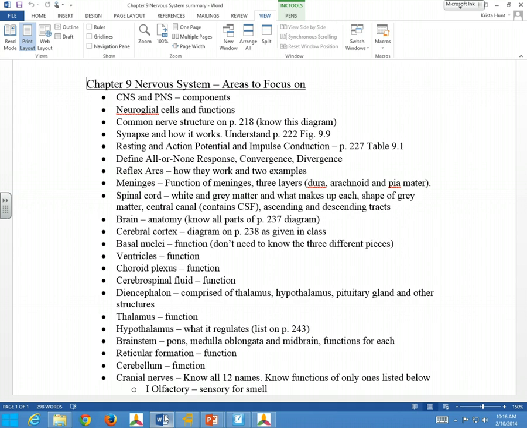But this chart that says it has the steps to it, does that not explain resting and action potential? You're talking about this table 9.1? I would think so. Let's take a peek at it. On page 227.